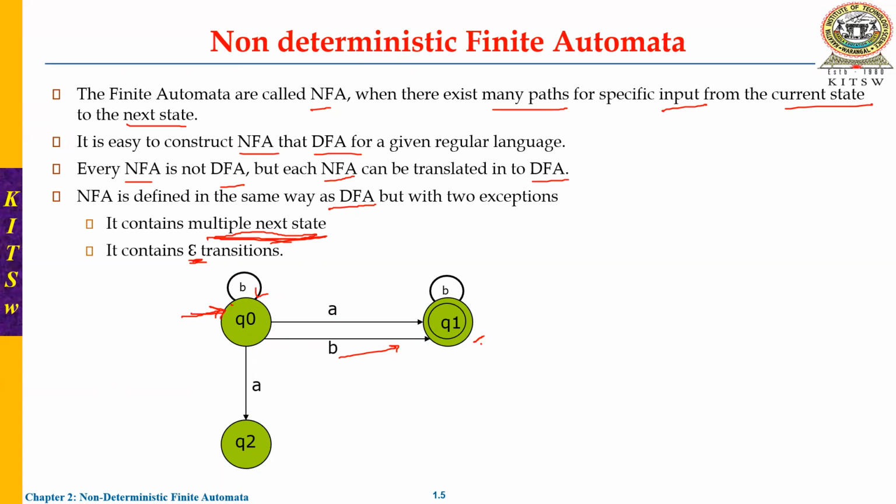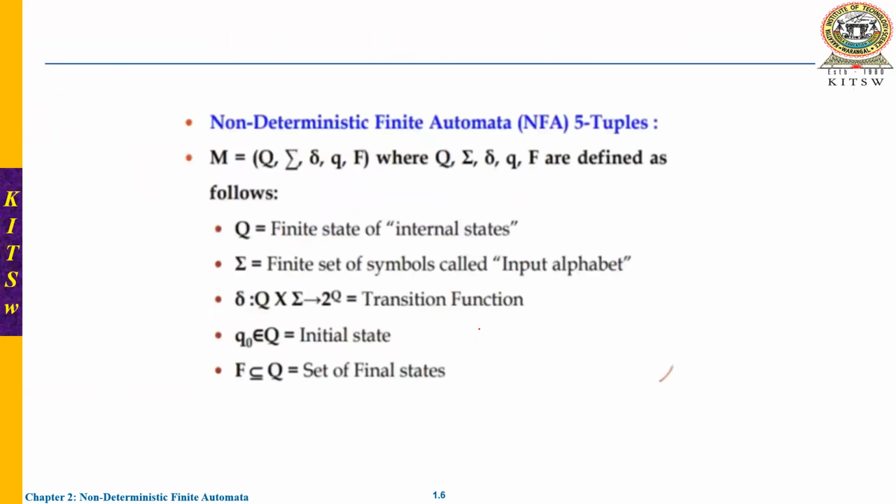So we cannot determine the next state, and that is what non-deterministic finite automata means. This is the formal definition of non-deterministic finite automata, which we discussed in the previous slides.